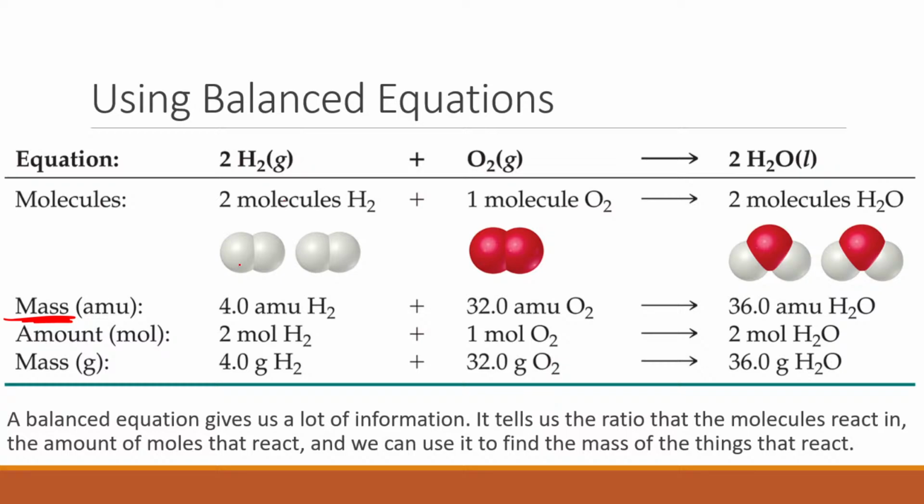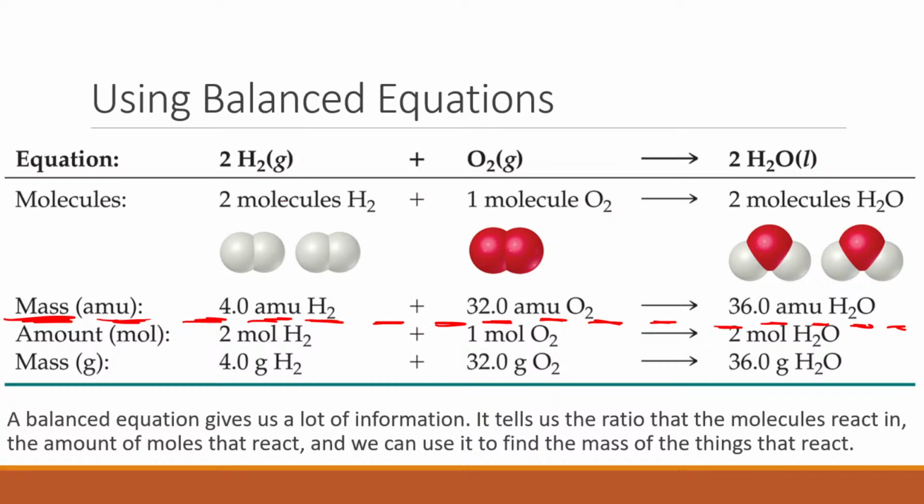The other piece of information we get at the molecular scale is the mass of these things in AMU. Right? We know that 2H2 molecules weigh 4 AMU. We know that 1O2 molecule weighs 32 AMU. And we know that 2H2O molecules weigh 36 AMU.